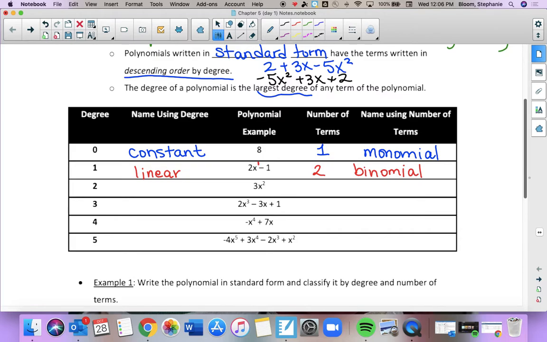Right, the next one. The degree is a 2, right? What did you call that? That's the chapter we just came out of. So when you graph them, it's a parabola, but what's the function called? It starts with this muscle. Quadratic, nice.